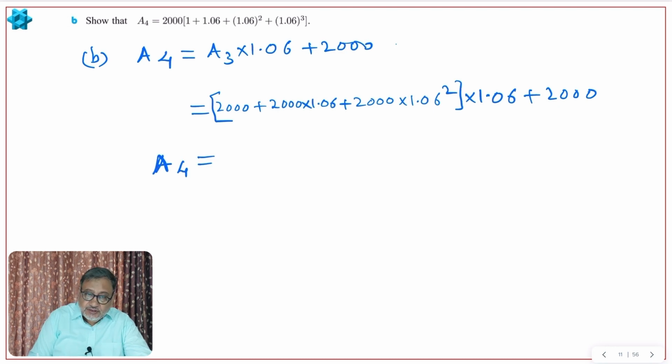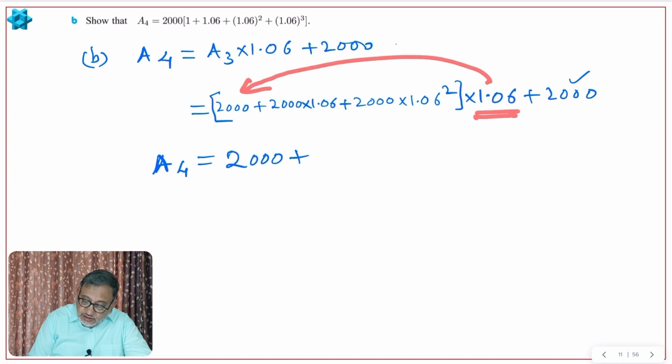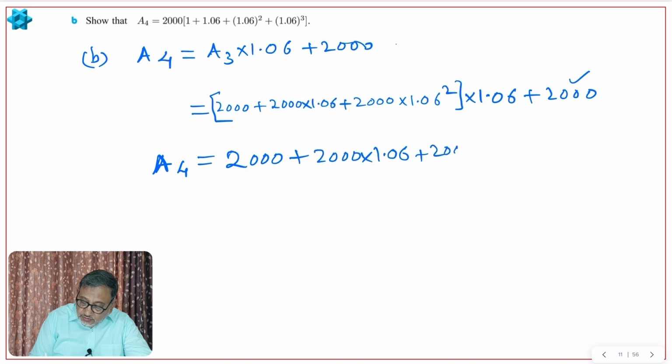So we start with 2000, the first term, plus, now look here, every term is multiplied by 1.06. So every time the power will increase. So 2000 into 1.06 plus 2000 into 1.06 square plus 2000 into 1.06 cube.